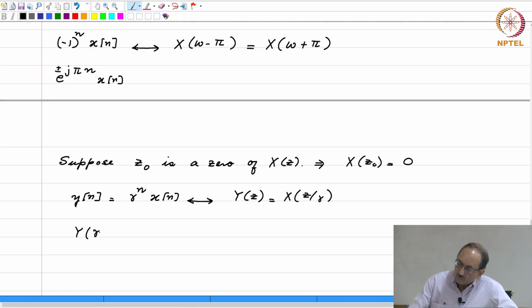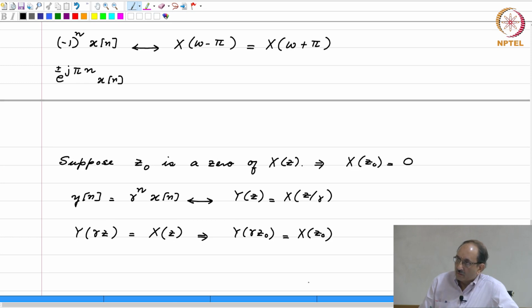Now, what is Y(gamma z)? Y(gamma z) is nothing but X(z). Wherever z is there, replace z by gamma z. So, this implies Y(gamma z naught) equals X(z naught), but X(z naught) is 0.